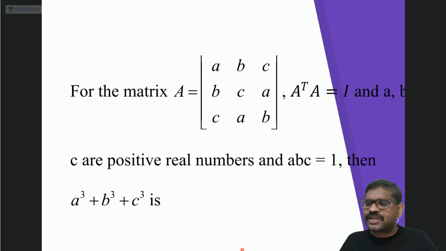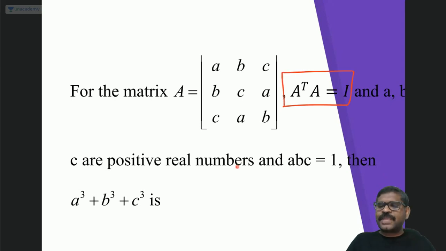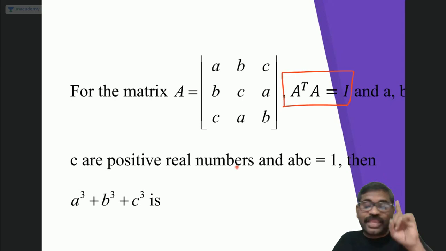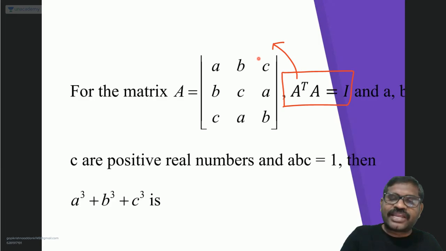Observe. Concentrate here. The given matrix satisfies this condition: A transpose into A is equal to I. Please remember, A transpose into A equal to I or A into A transpose equal to I. The matrix is an orthogonal matrix.